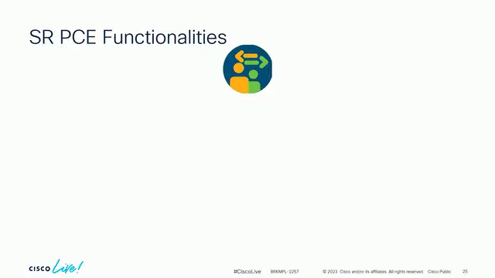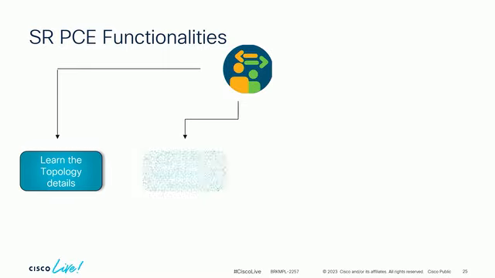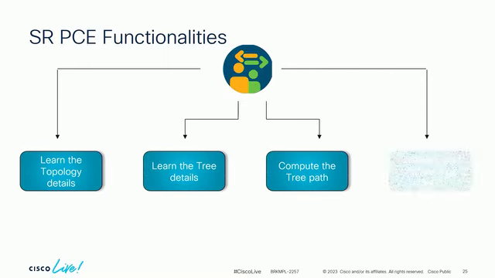Let's see what is the functionality of the path computation element or the controller. We saw that it plays a key role to help us build the point-to-multipoint tree. And we also saw that this solution, the SR P2MP policy, is a controller-based approach. So the PCE functionality comprises of 4 steps. The first step is obvious, to learn the topology. It's not much different for unicast or multicast.